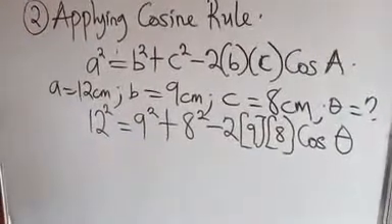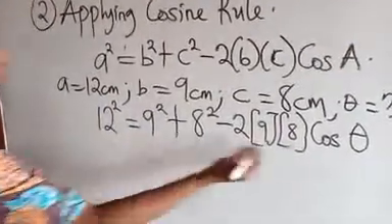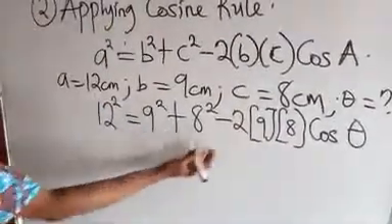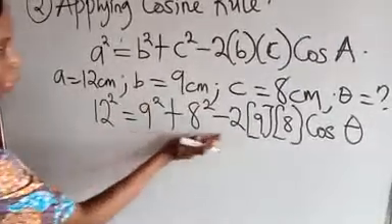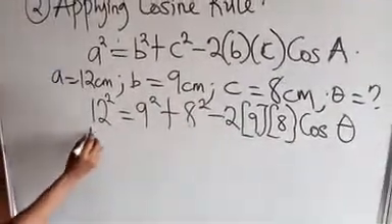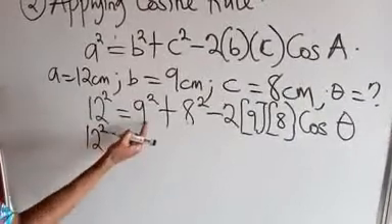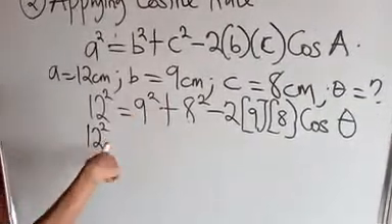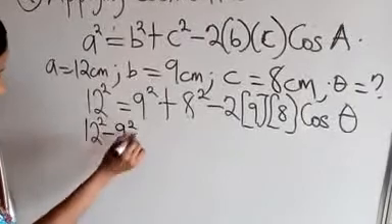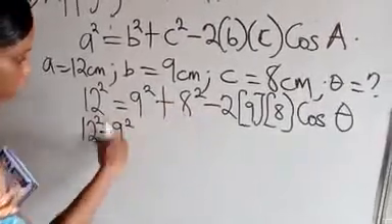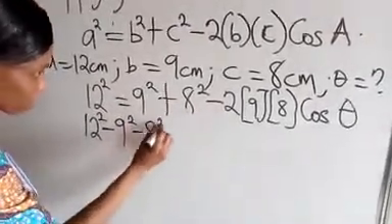Remember, theta is not given. So to find cosine theta, what do we do? You collect like terms. The terms without the cosine we will bring to this side of the equation. I have 12 squared, plus 9 squared crosses over, becomes minus 9 squared, plus 8 squared crosses over, becomes minus 8 squared.